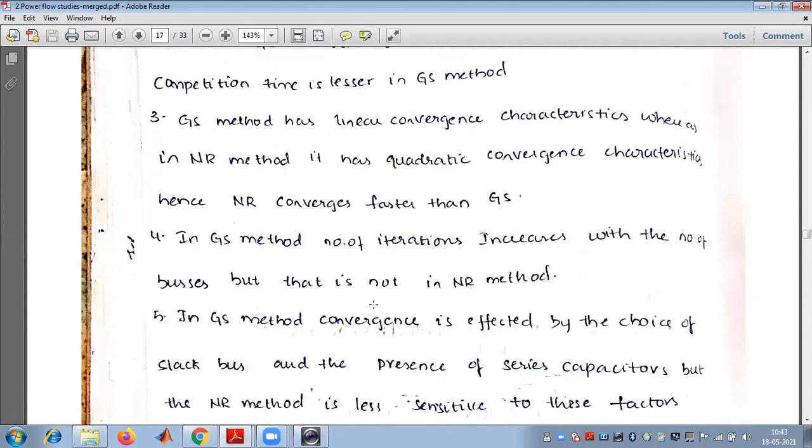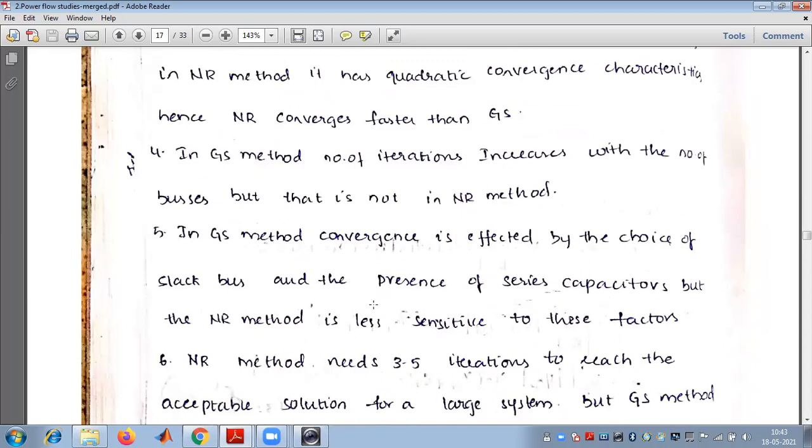of load flow solutions. And the next one is, in the GS method the number of iterations increases with the number of buses, but that is not the case in the NR method. Suppose you are considering the Gauss-Seidel method of load flow solutions and the system considered has n number of buses, obviously you require n number of iterations.